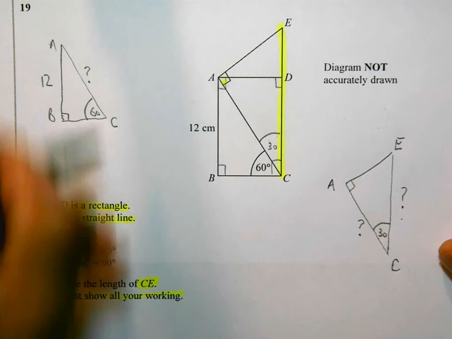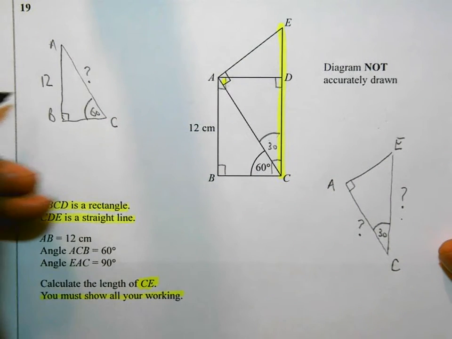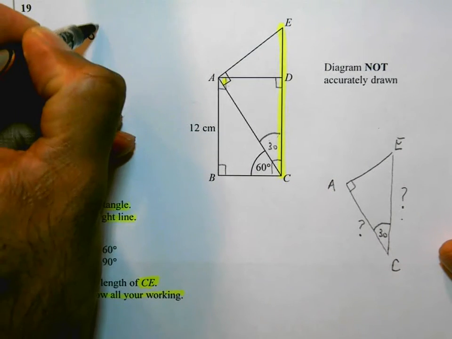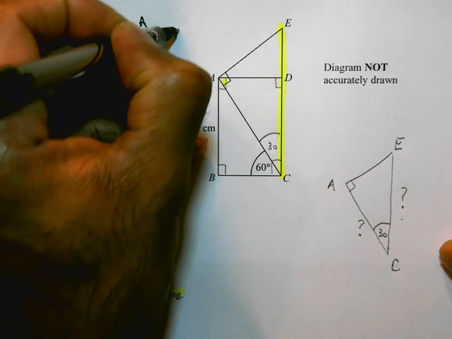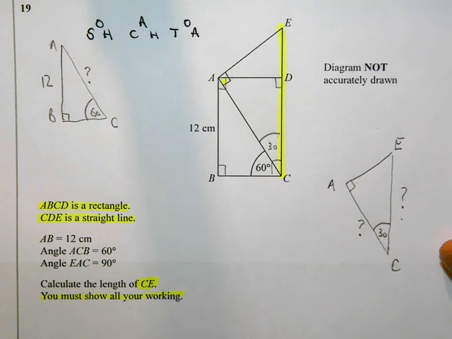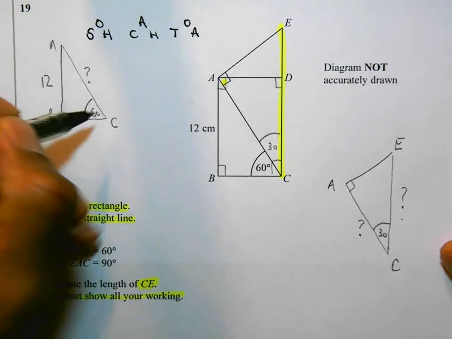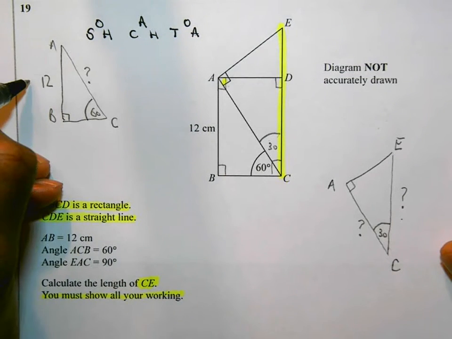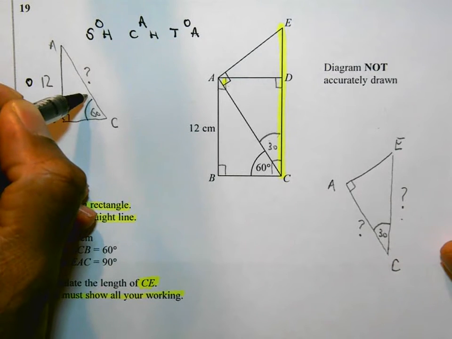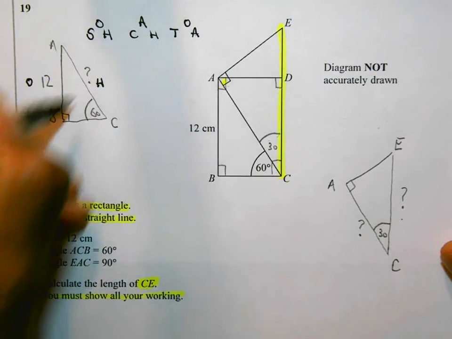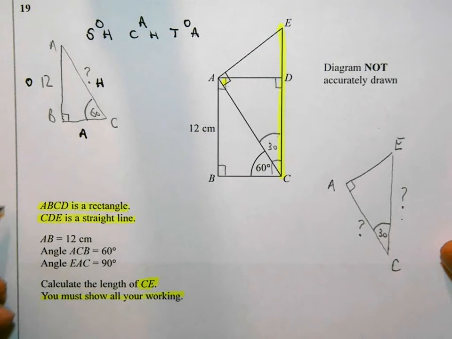So I'm going to write down SOHCAHTOA to begin with. Looking at the triangle, directly opposite the angle is 12, so I'll label it O. Directly opposite the right angle is the hypotenuse, and that means that this side here is the adjacent. I want to work out the hypotenuse.